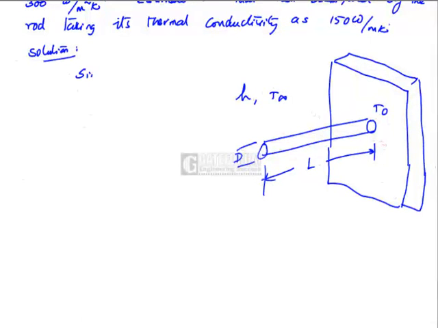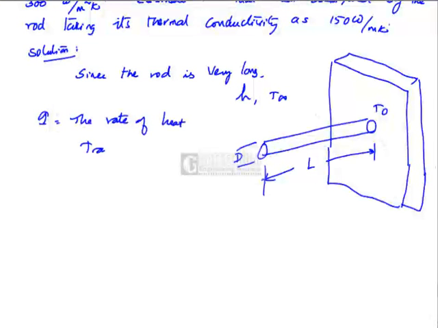Since the rod is very long, the rate of heat transfer Q is equal to square root of HPKA into T0 minus T infinity.